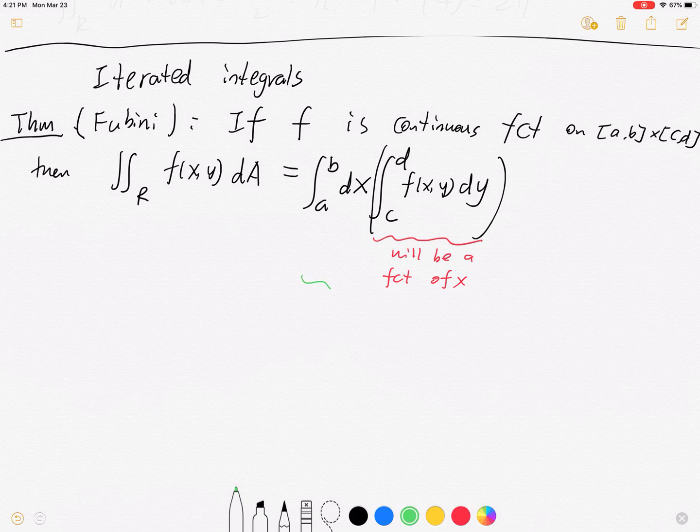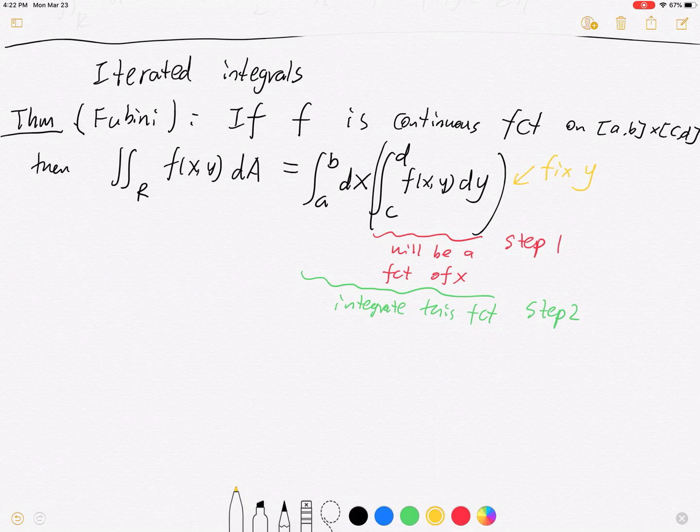Therefore, next, you can integrate this function with respect to x. So notice that each step we are only integrating a one variable function. For this one, fix y. And for this one, you get a function depending only on x.